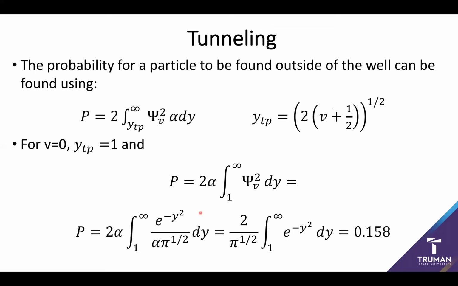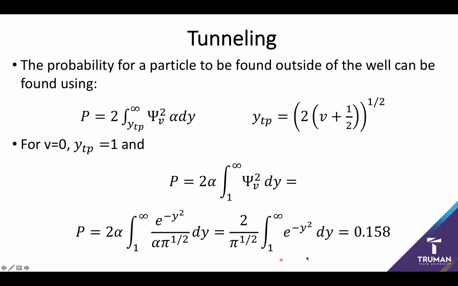This isn't too bad for the ground state, because our function is just going to be based on the exponential of negative y squared over alpha root pi, dy. So our alpha is going to come out and cancel. Square root of pi comes out. That's fairly nice. And then I'm left with a numerical integral.